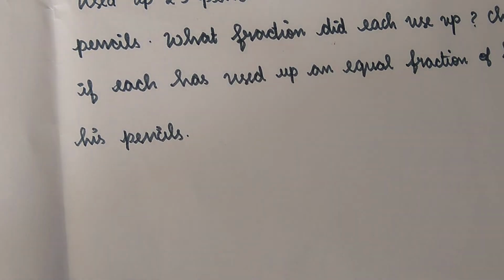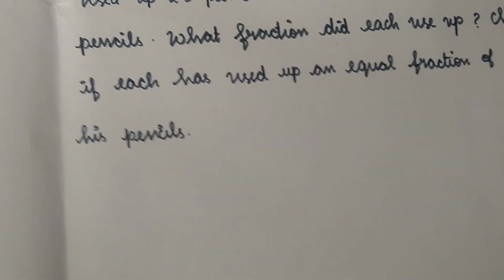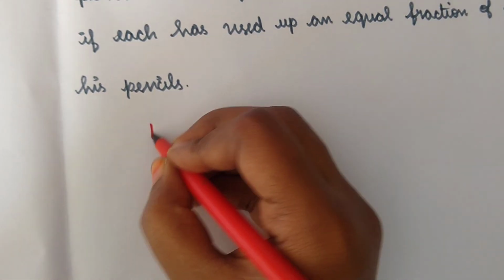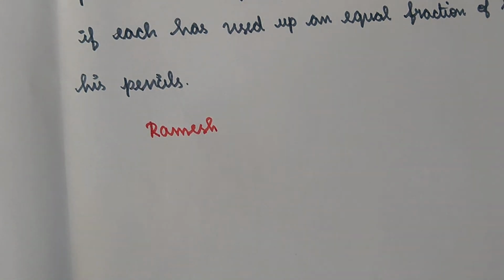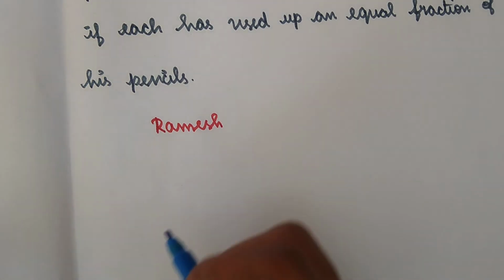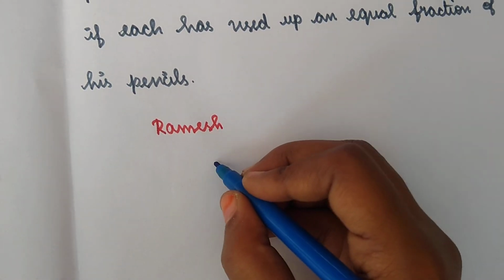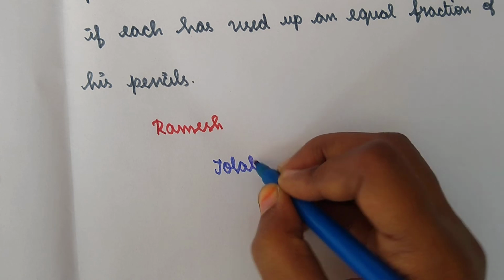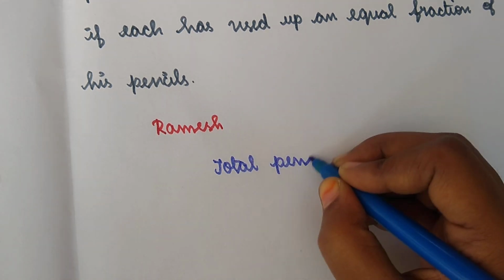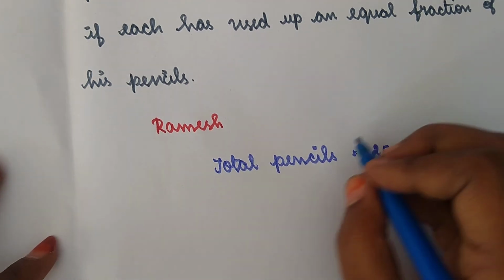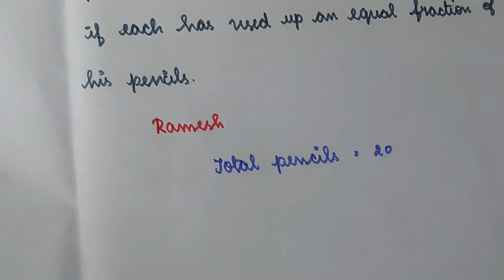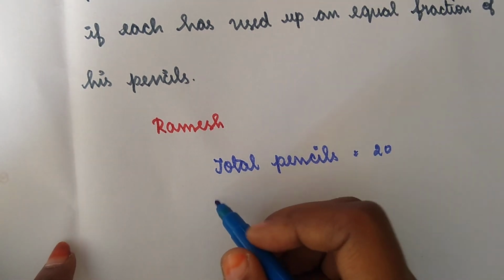First we take the character Ramesh. Here, how many pencils did Ramesh have? 20 pencils. So the total number of pencils is 20. He used how many pencils out of 20? He used 10 pencils out of 20.